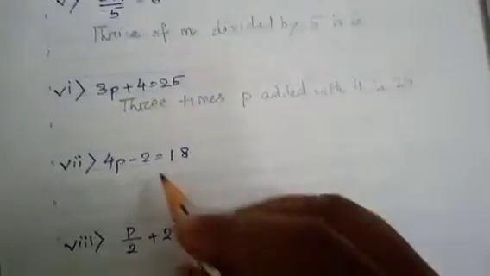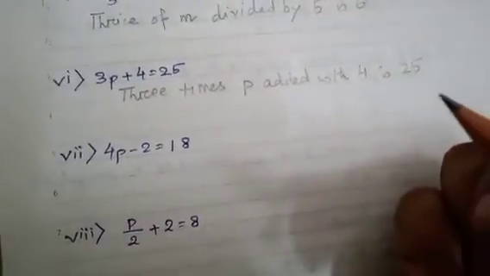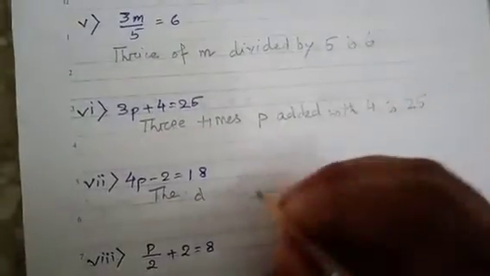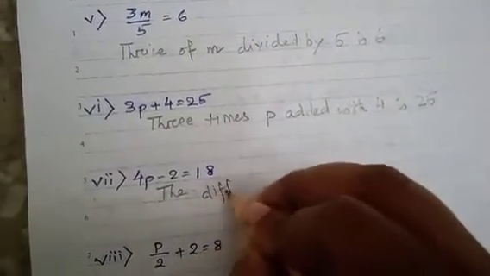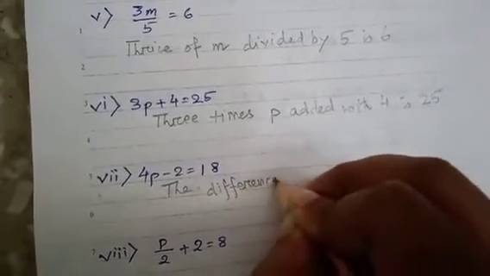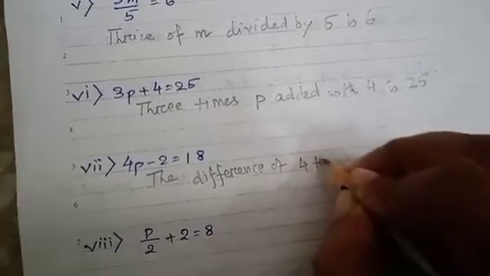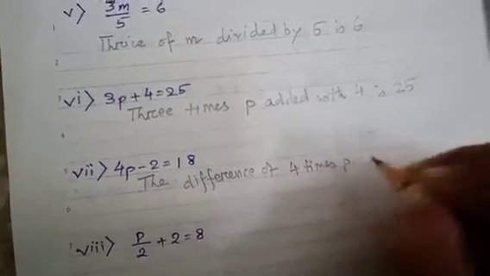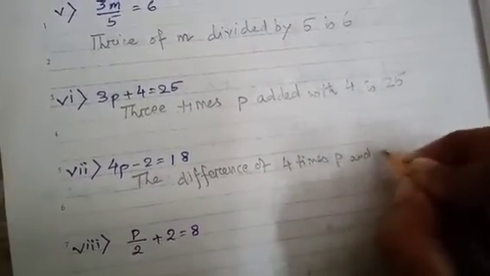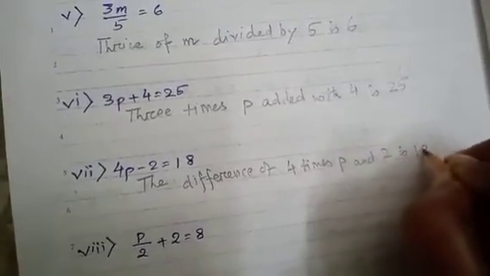Okay, 4p minus 2 is equal to 18. So I will write it in this format. The difference of 4 times p and 2 is 18. I can write it in this way.